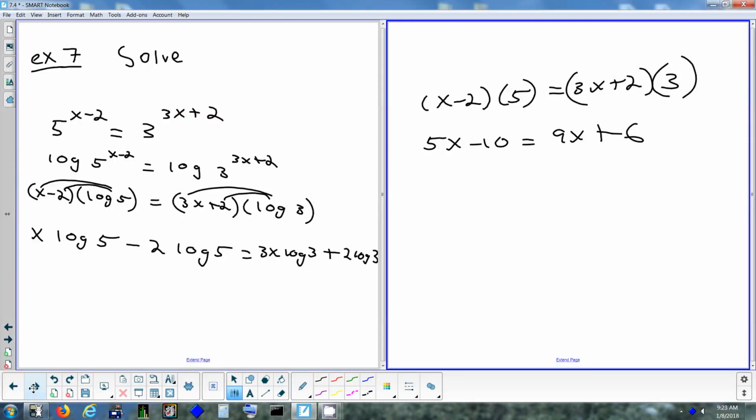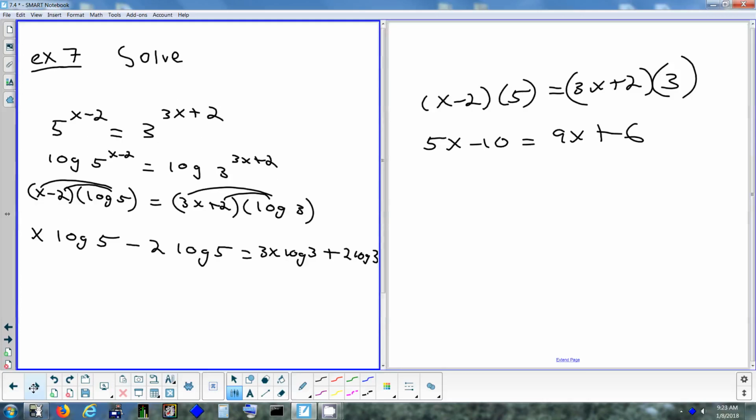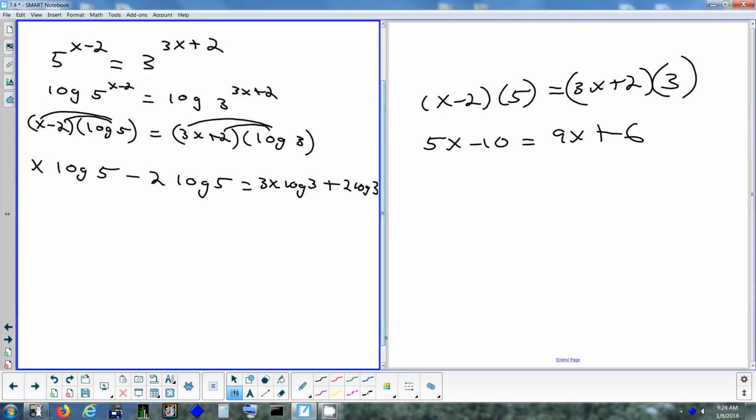Peter? Get all the x's on one side. Exactly. Get all the terms that have x on one side. Get all the terms that don't have x on the other. Okay. So what I'm going to do is put all the x's on the left. So I'm going to subtract 3x log 3 from both sides.